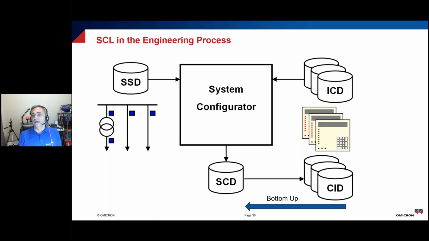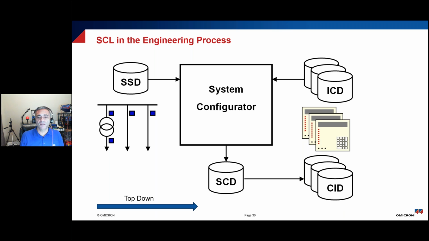So that is what's described within the files, and then there is a process that's used called a system configuration process, and it can be bottom up, where we take the individual relays and we configure them in this tool, and we come out with setting files for the relays.